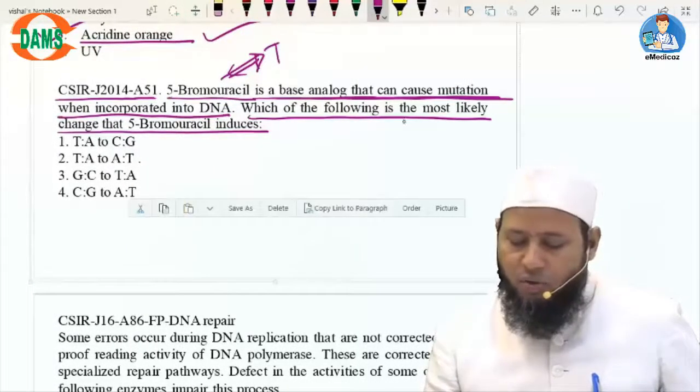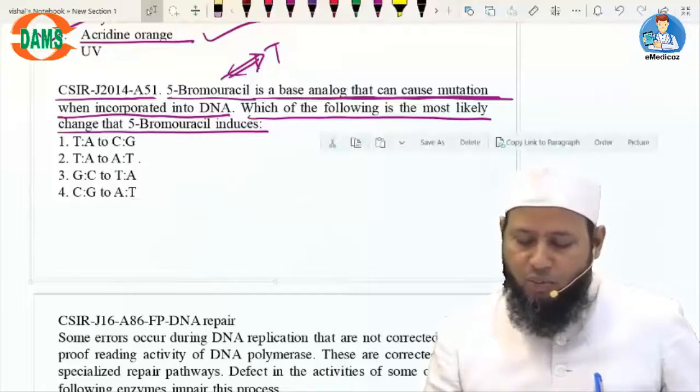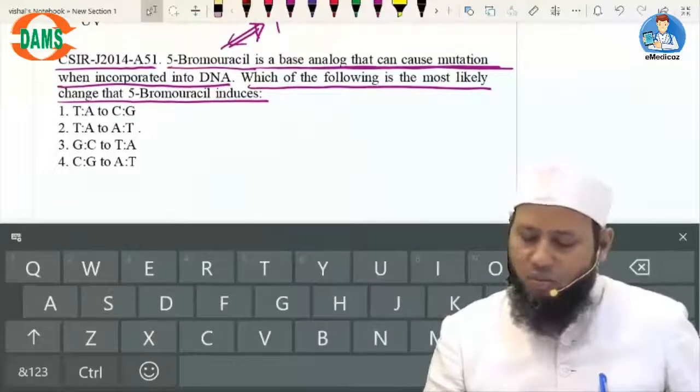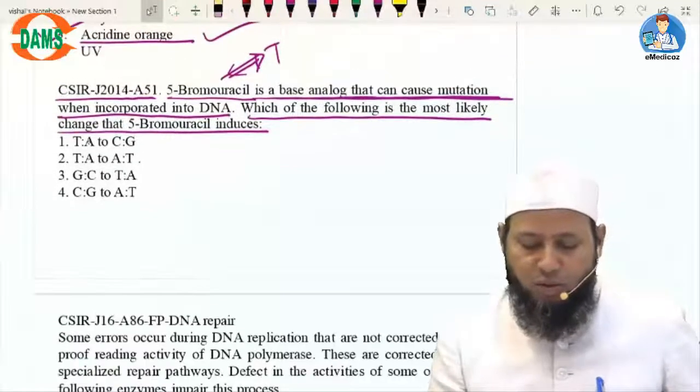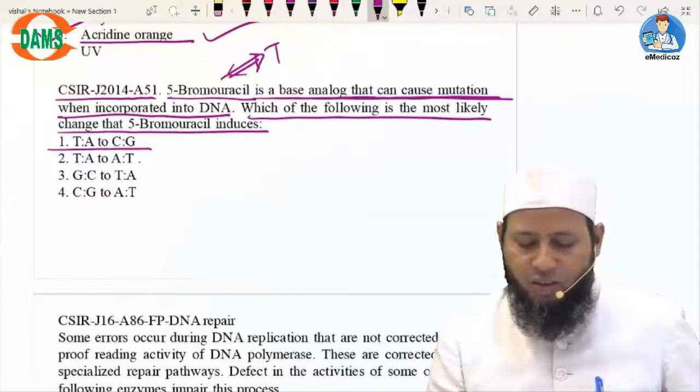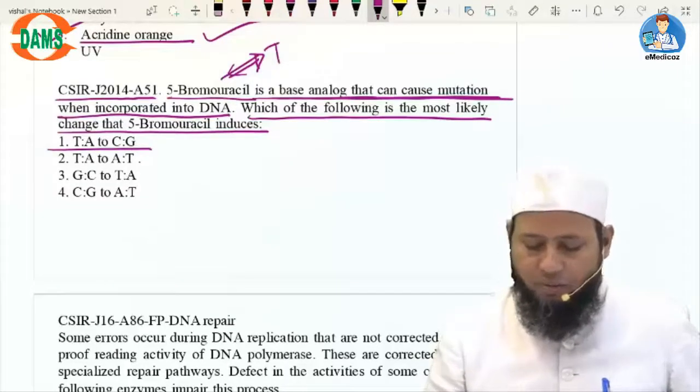So which is the most likely change that bromouracil induces? The bromouracil will induce probably this one, TA to CG transition.